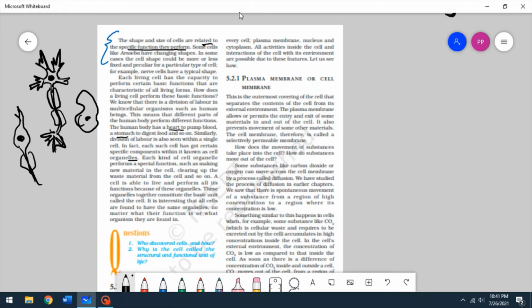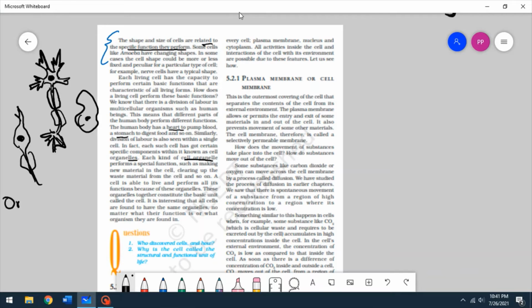So each kind of cell organelle performs a specific function, such as making new material in the cell, clearing up the waste material, and so on. There are many organelles with many functions that we will cover later in the lesson. Alright. A cell is able to live and perform all its functions because of these organelles. And these organelles together constitute the basic unit called the cell.